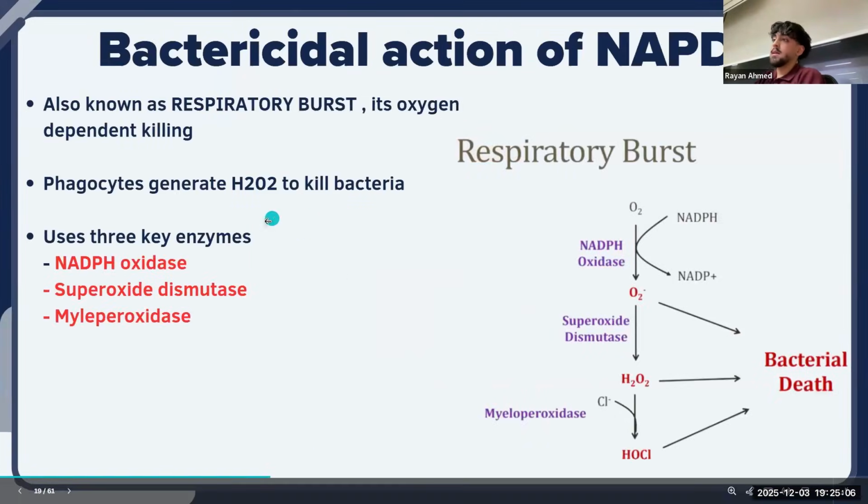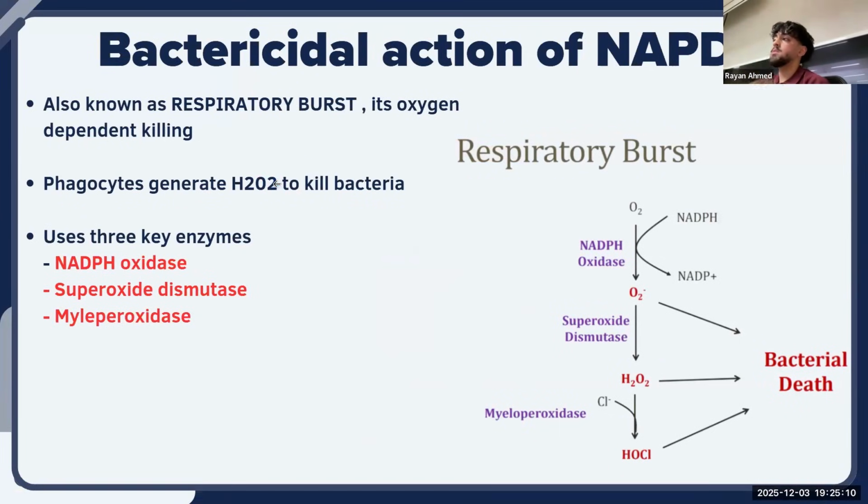Okay, let's move on. Now, we have the bactericidal action of NADPH, also known as the respiratory burst. It's oxygen-dependent killing. So we have neutrophils, phagocytes, whatever. NADPH basically helps generate hydrogen peroxide, H2O2, to kill bacteria. Look here, this is the whole pathway. We have normal oxygen, and in neutrophils, NADPH comes in by using the enzyme NADPH oxidase.